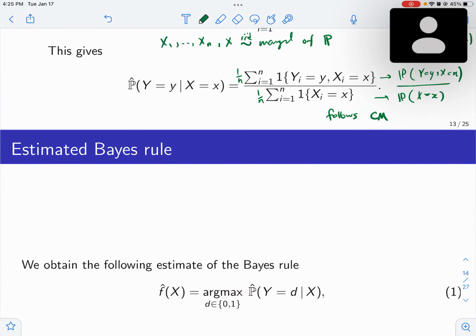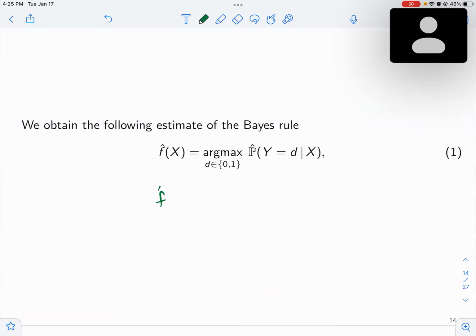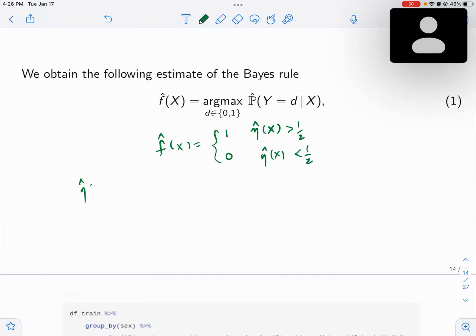So it's either that, or you can say that f hat is, if you followed what we did, going to be 1 if eta hat x is bigger than 1/2, and 0 if eta hat x is less than 1/2. And you're going to tell me what happens for the other boundary case. And this is just p hat of y equal y given x equal x.